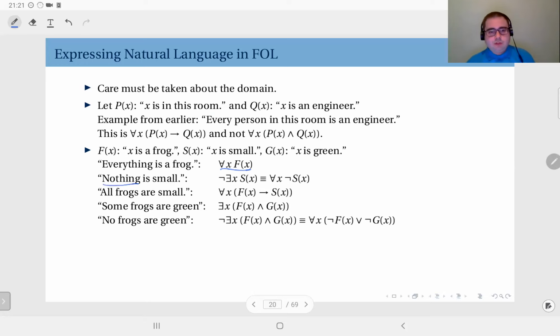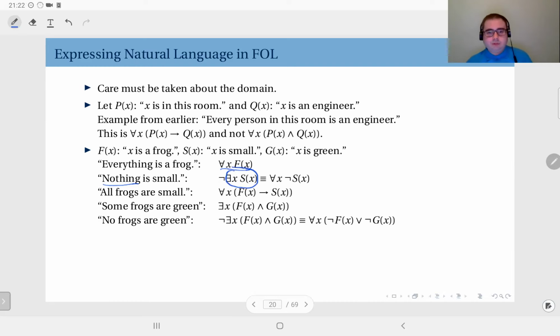The second one, nothing is small. Immediately you see a negation here because it starts with nothing. So if it were affirmative, it would say everything is small, but it's saying it the other way around. So it's saying nothing is small. So equivalently it's saying there is no small thing. Okay, so therefore this statement is negated.